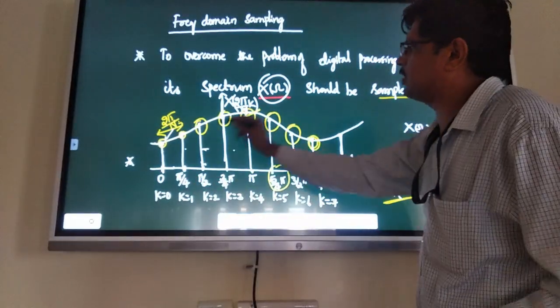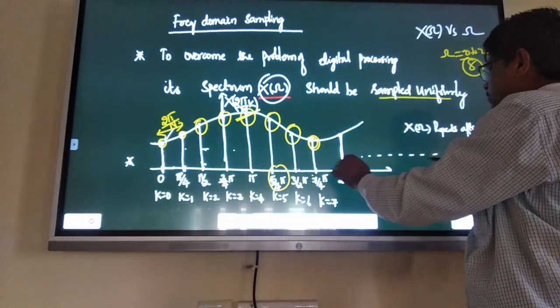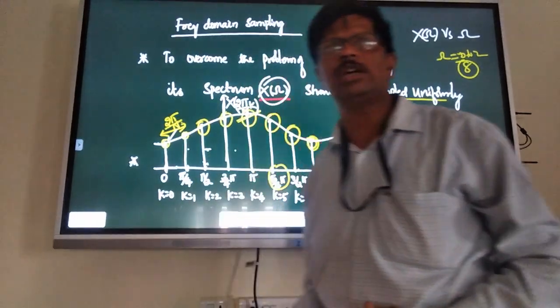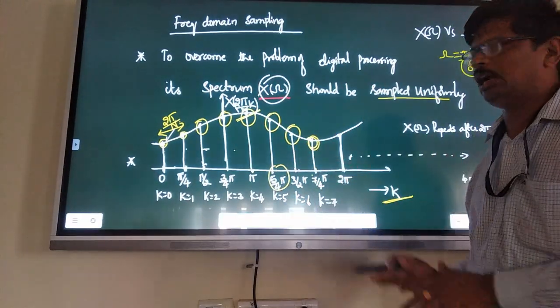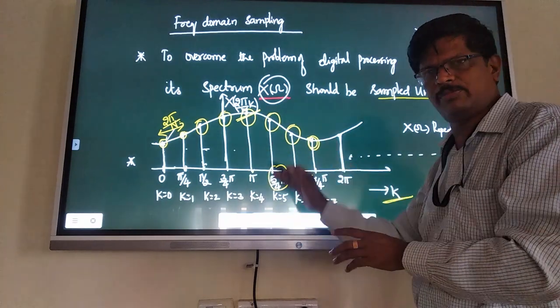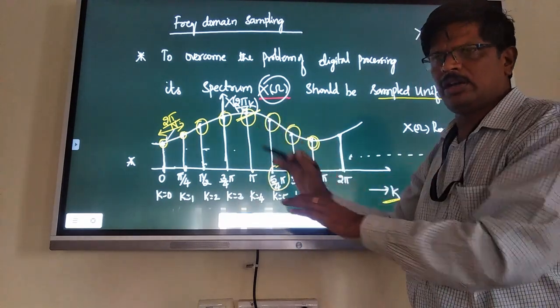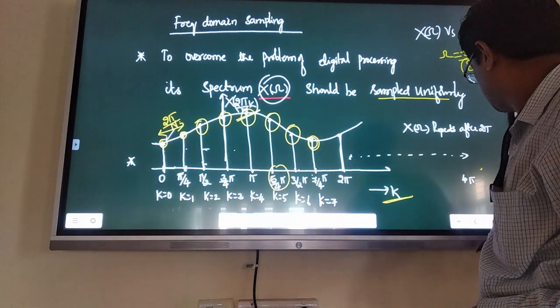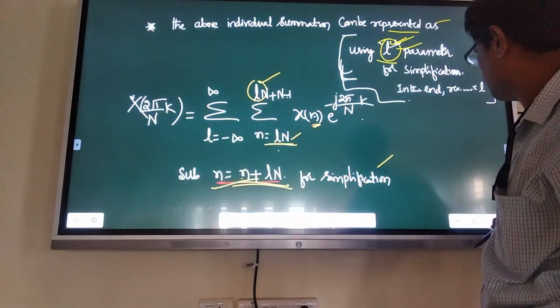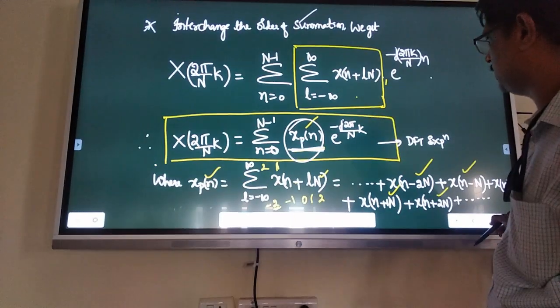That's why I am introducing the l parameter and then checking the advantages after getting the derivations and all the modifications. In the end, I remove the l parameter and get the important expressions, the DFT expressions, like this.